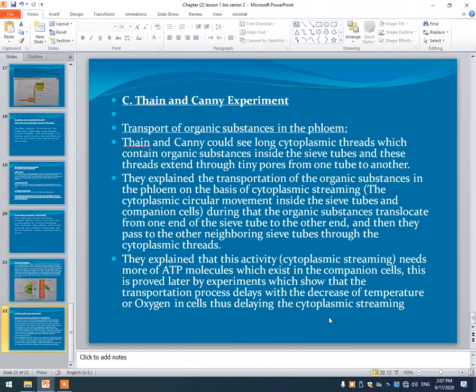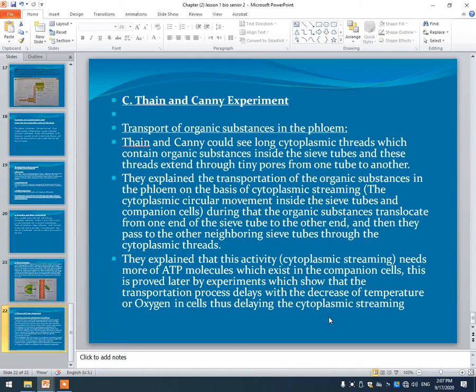The last theory is the Thaine and Canny experiment on transport of organic substances in the phloem. They could see long cytoplasmic threads which contain organic substances inside the sieve tube, and these threads extend through tiny pores from one tube to another.